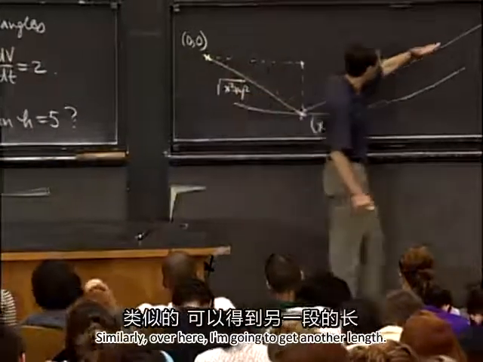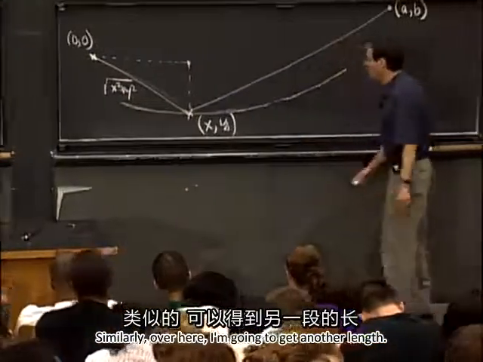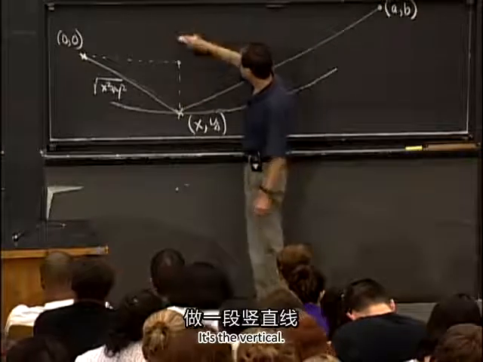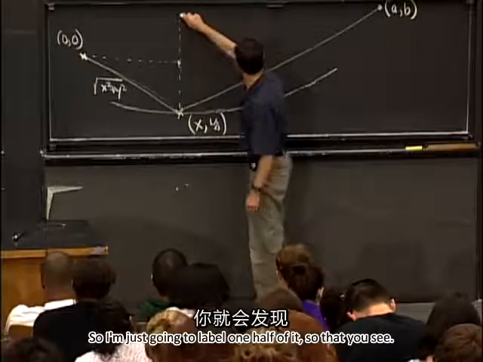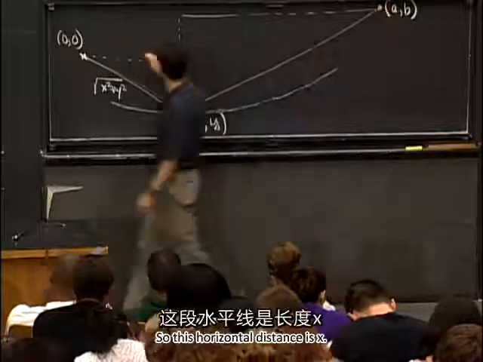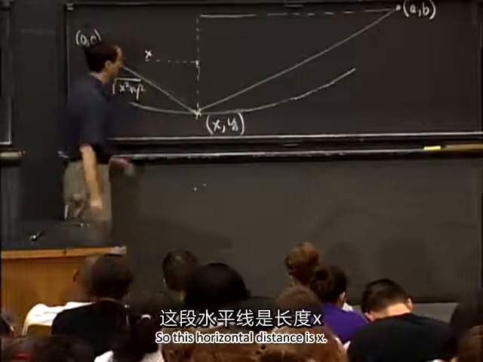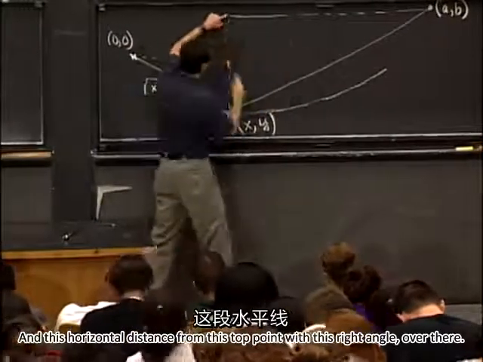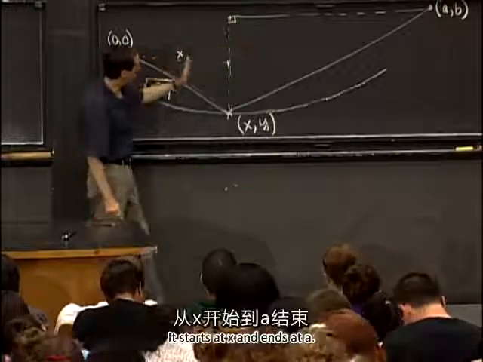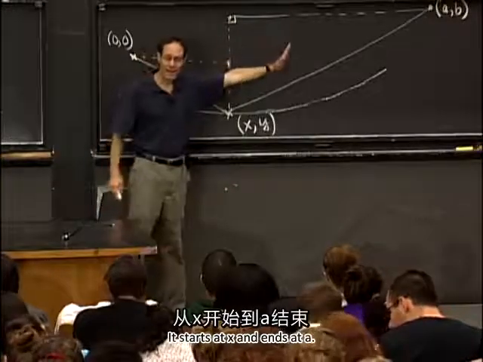Similarly, over here, I'm going to get another length, which is a little bit of a mess. It's the vertical, so I'm just going to label 1/2 of it so that you see. So this horizontal distance is x, and this horizontal distance from this top point with this right angle over there, it starts at x and ends at a.